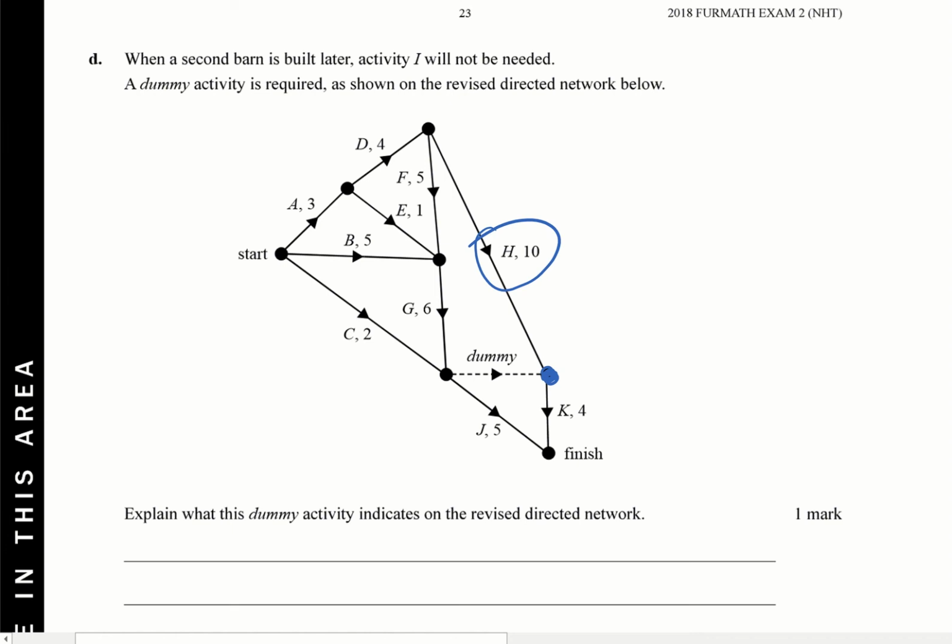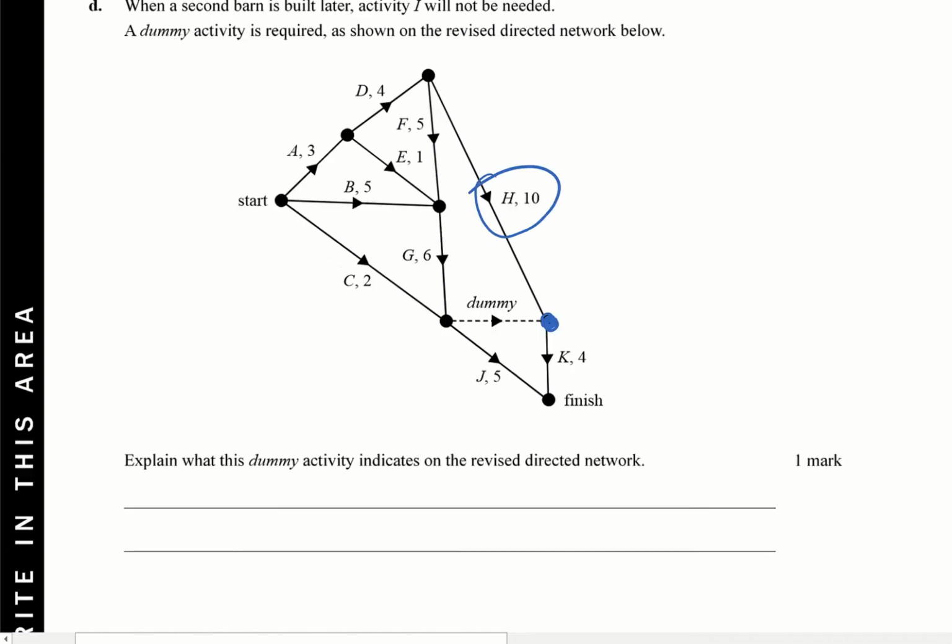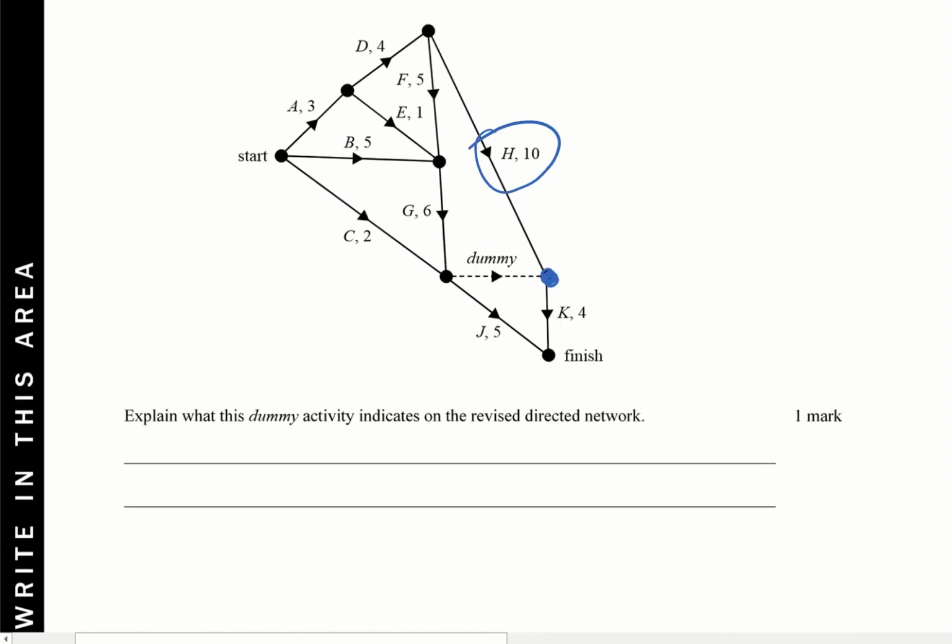So that's a predecessor. But what this revised network is saying is that because these two are coming into this spot here, C and G are direct predecessors of K. I always have to make sure I get spelling this word right.